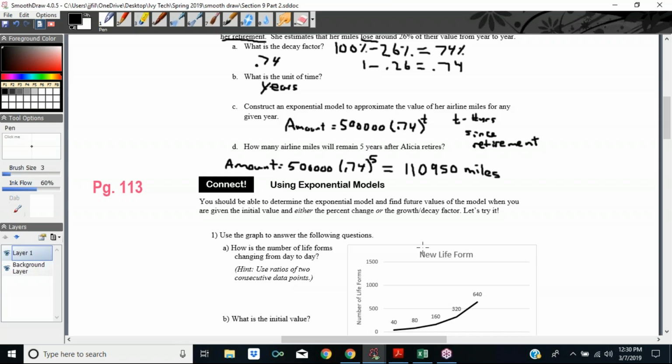Okay, but I think you have an assignment on dosage calculations in that. So page 113, it says using exponential models, you should be able to determine the exponential model and find future value when you are given the initial value and either the change or the growth or decay factor. And so let's try it.